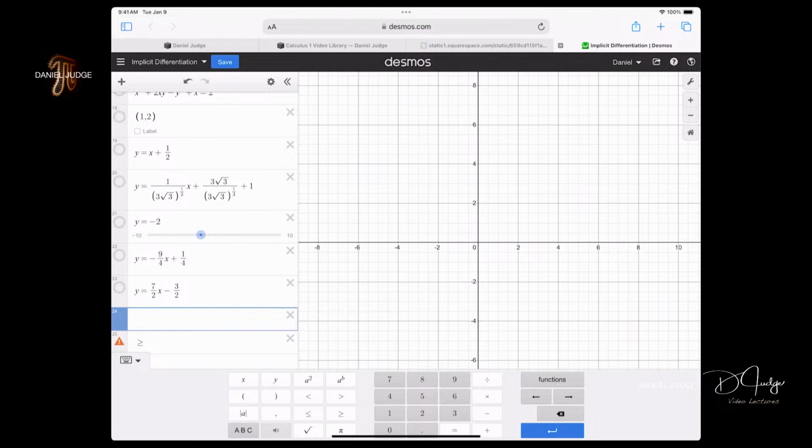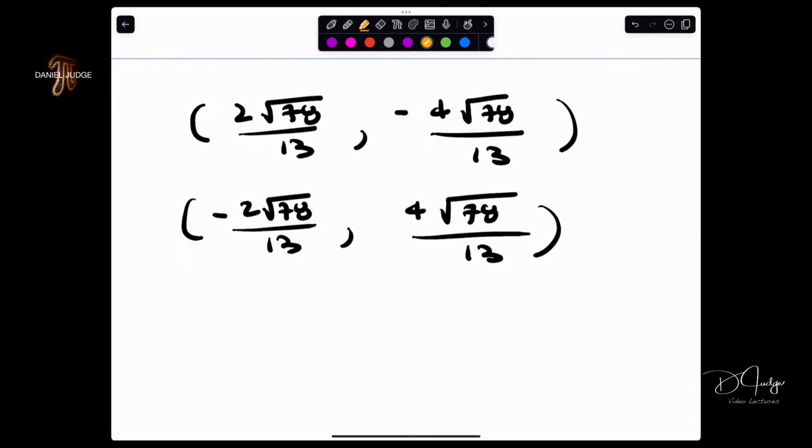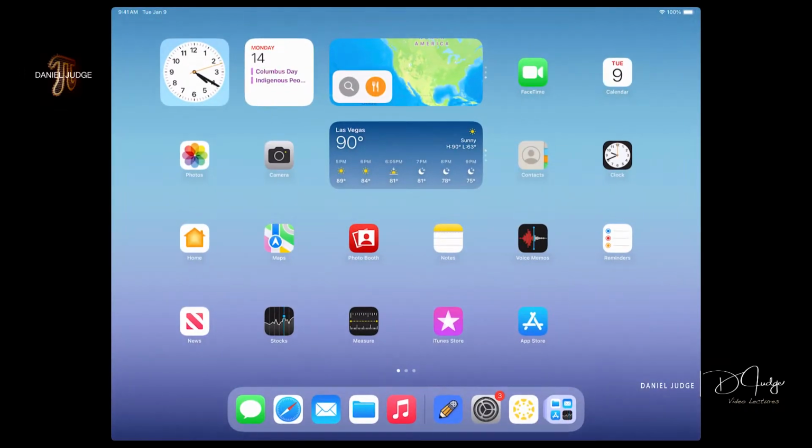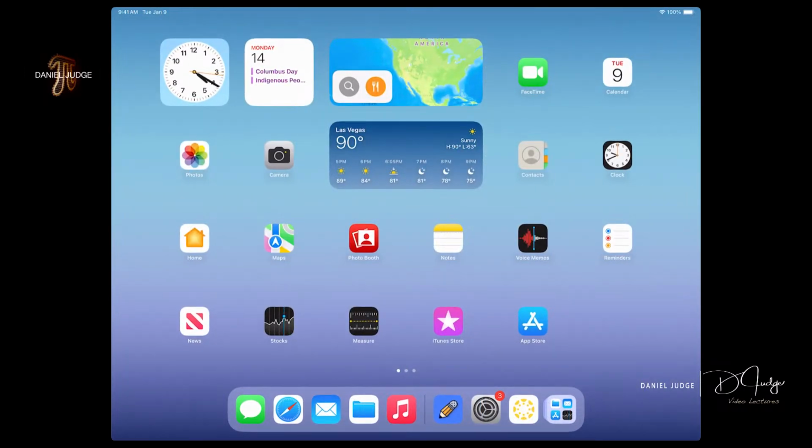I'm going to have to write it down here. Let's go back to what that curve is, the name of that curve. All right, I think I have it.